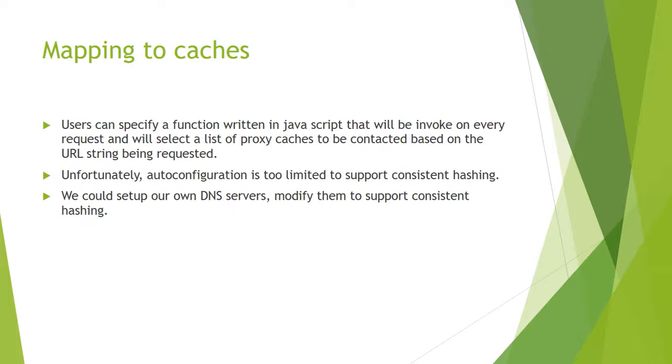And moving on to mapping to caches. To implement the browser's consistent hashing, our first hope was to exploit the auto configuration function present in most commonly used browsers. Users can specify a function written in JavaScript that will be invoked on every request and will select a number of proxy caches to be contacted based on the URL string being requested.